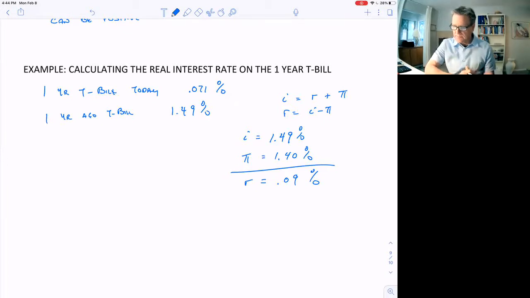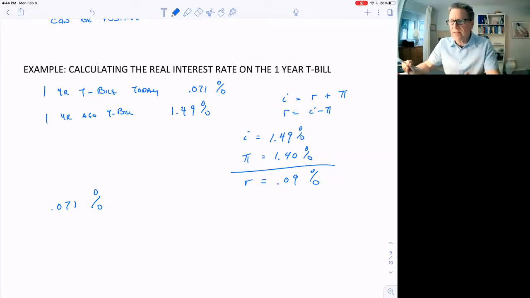Near zero, but positive. Now, what do you think about people that are buying T-bills today? Today, you can get 0.071% on your money. You loan the government money for 1 year, and you get even less than 1/10 of 1%.